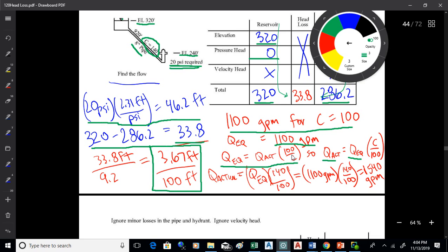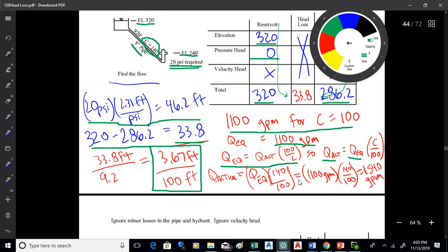We take the reciprocal of the 100 over C when we want to apply it to the equivalent flow on the other side. Essentially what we're doing algebraically is multiplying both sides of the equation by C over 100. That would cancel out on the right and bring the C over 100 over to the left. So we get Q actual is Q equivalent times C over 100. That's the relationship.